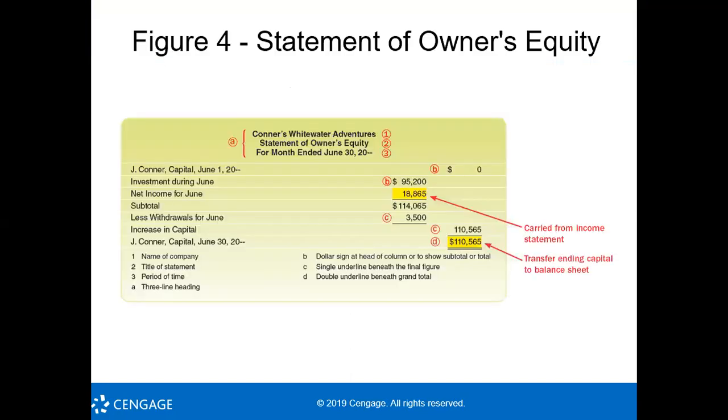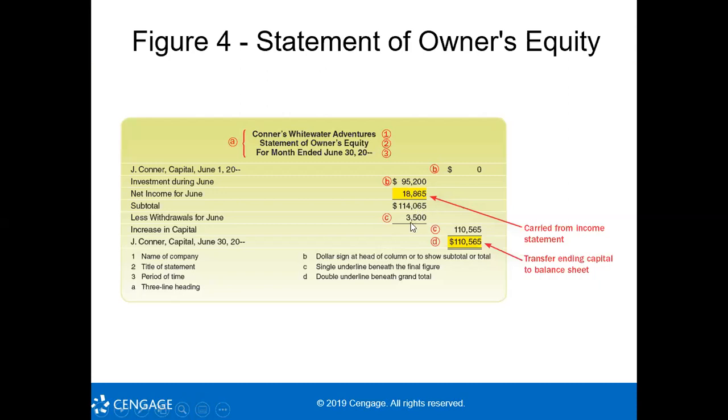All right, so here's an example of this. We take the beginning balance, 95,200, plus net income. Remember, if it was a net loss, we would subtract it. But because we earned a net income, we're going to add it. So we take beginning balance plus net income, and that gives us 114,065.